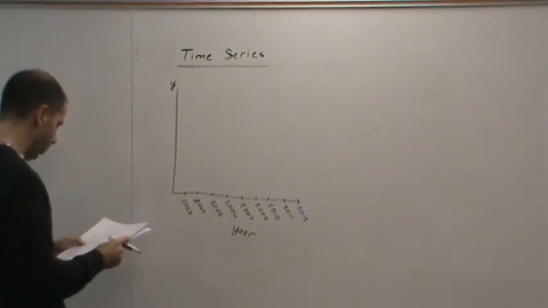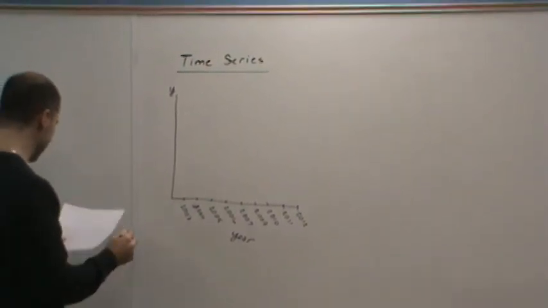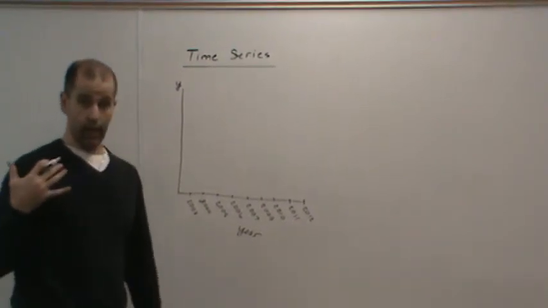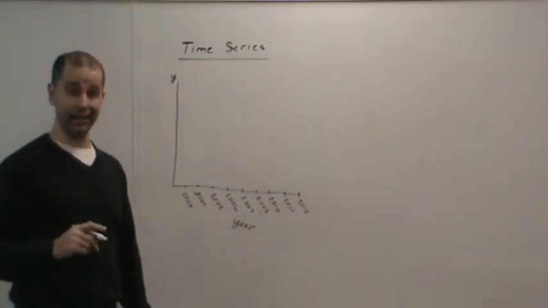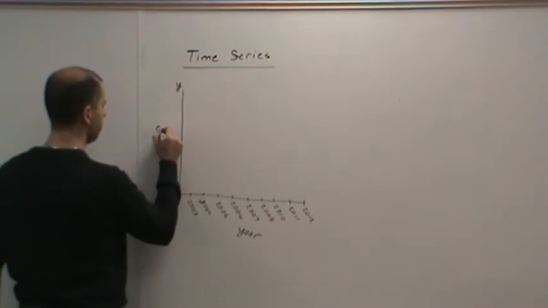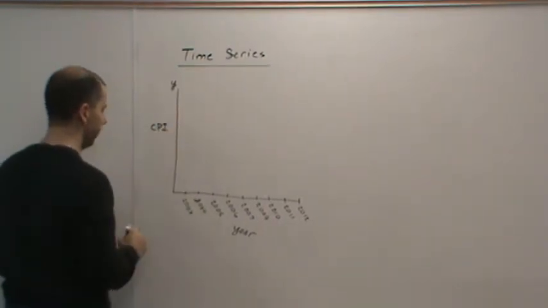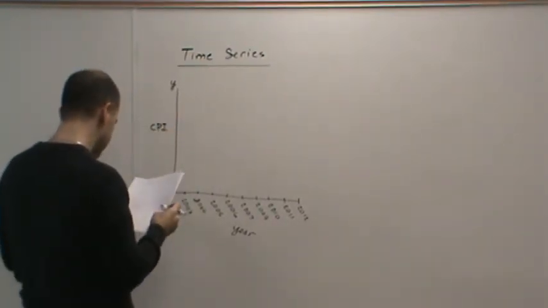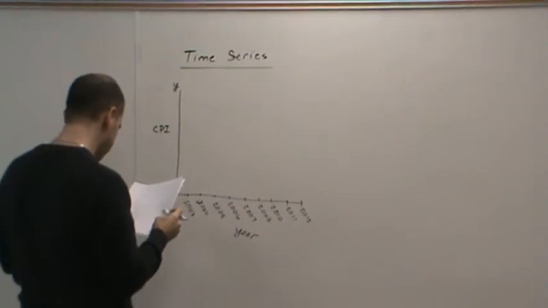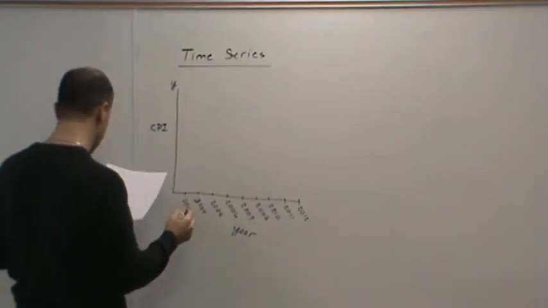And the y-axis is going to be the annual, what we call the consumer price index, CPI. And this is going to be in the hundreds.